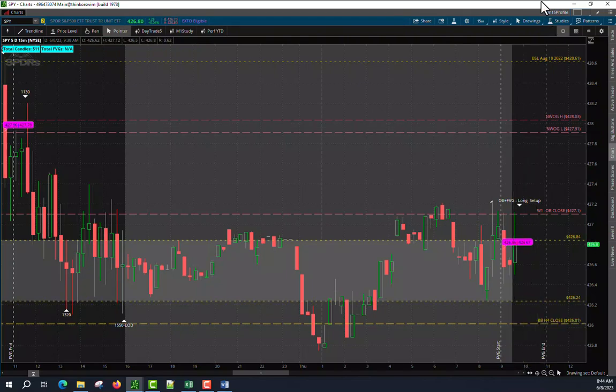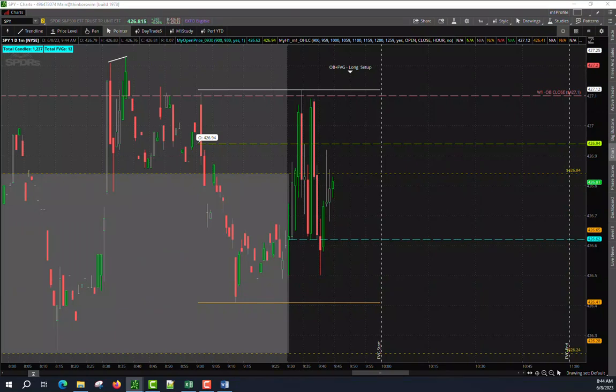So for the M15 it looks bullish. So we enter here if we go long. Yeah, entry here if we want to go long. And our target is going to be the new week opening up there.